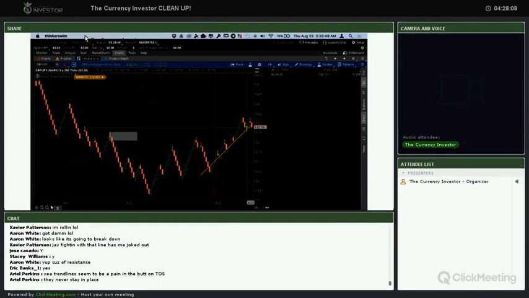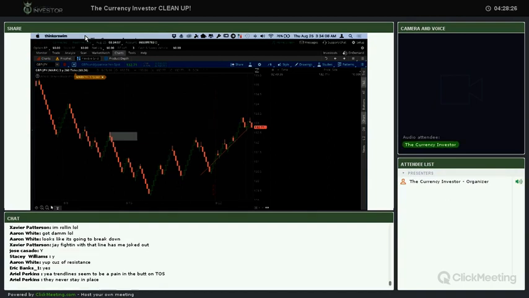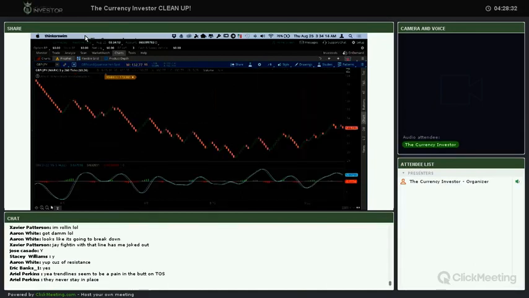So the open is 78. Price is now below this. So should we see a sell? Can we see a sell? Can we see a sell?